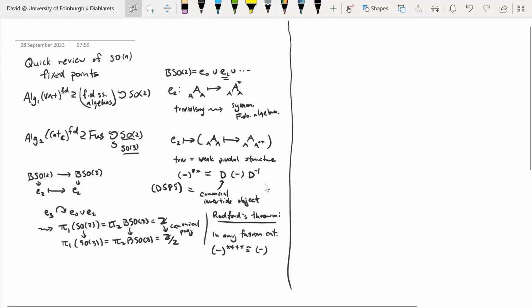And so in particular that implies that this canonical d squared is the identity. The remarkable thing is that from this DSPS picture you get this for free just from the fact that this Z becomes a Z mod 2.